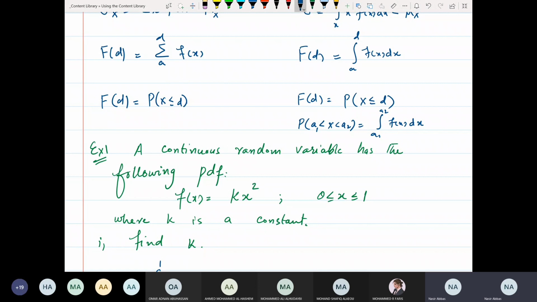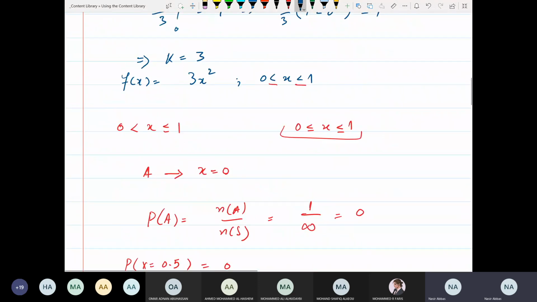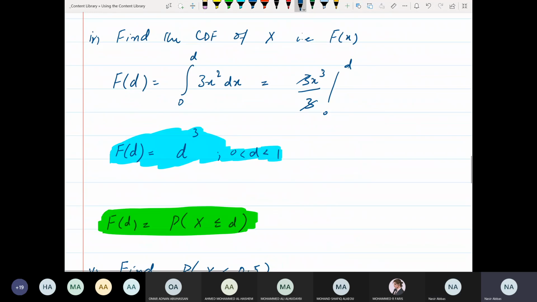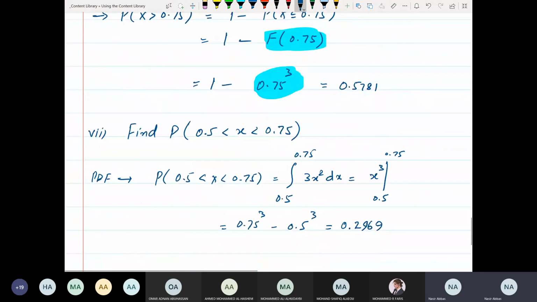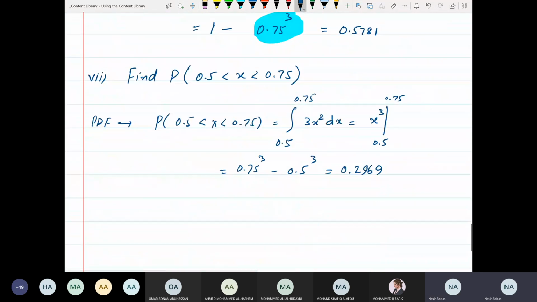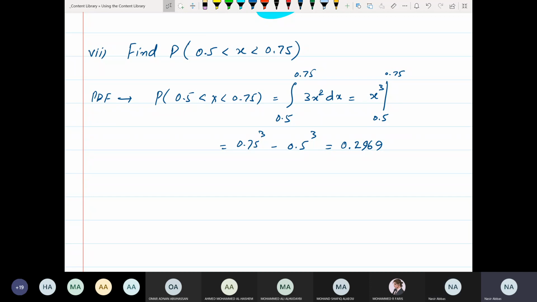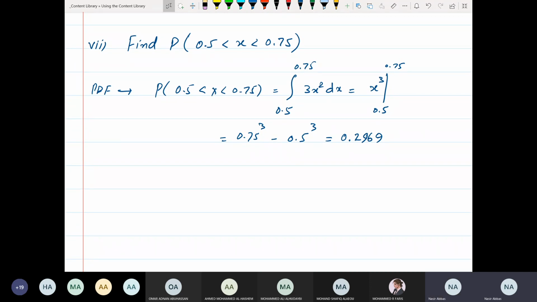To find the probability between A1 and A2, you just have to integrate the function between A1 and A2. This is what we did here. But we can solve this question without integrating also. We can avoid integration also. How? Let me explain.